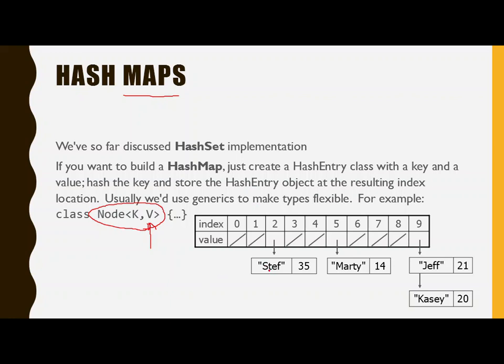Every node is going to have three parts instead of two. It's going to have a key, and it's going to have a value, and it's going to have a reference to the next one of its same kind of node. So a hash map is, again, very straightforward given what we understand. We understand the hashing part, we understand the node part, and having two generics is interesting in this case, but it doesn't really make things any more complicated, just a tiny bit.